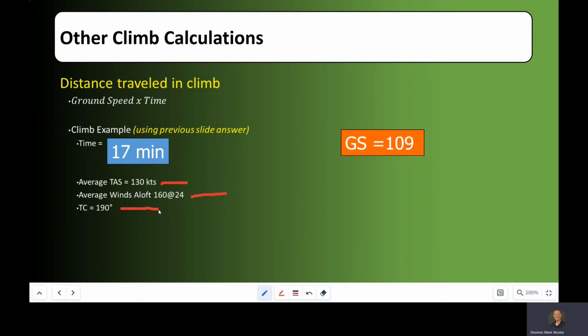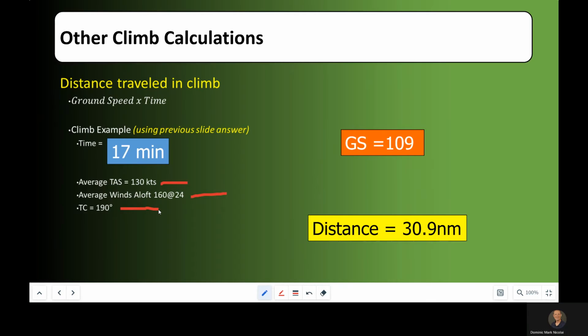Now that we have a ground speed, we can use either the formula for time, speed, distance, or the front side of the flight computer: set our rate at 109 knots for 17 minutes, and that gives 30.9 nautical miles. If you're using a calculator, you have to convert 17 minutes into an hour's equivalent, so you divide 17 by 60.